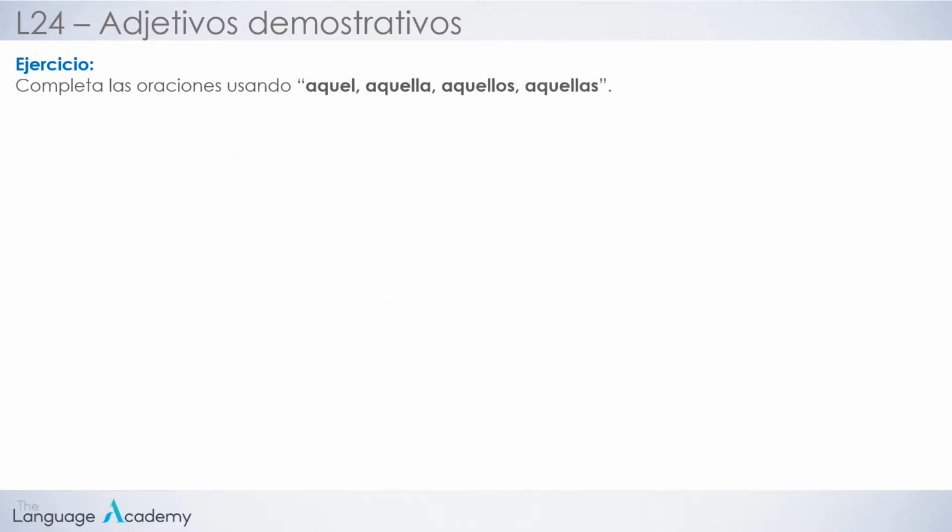And finally, we will use the third distance, aquel, aquella, aquellos, aquellas. Aquella persona se llama Juan.